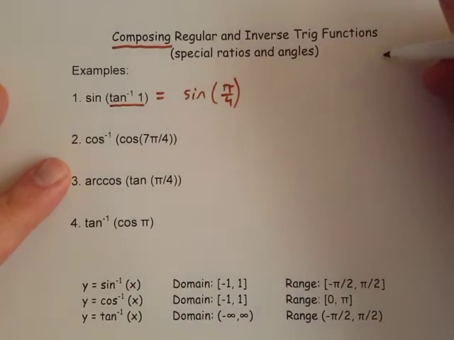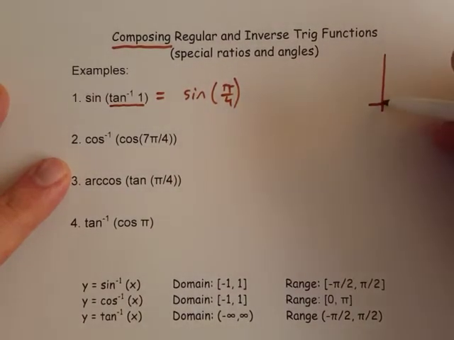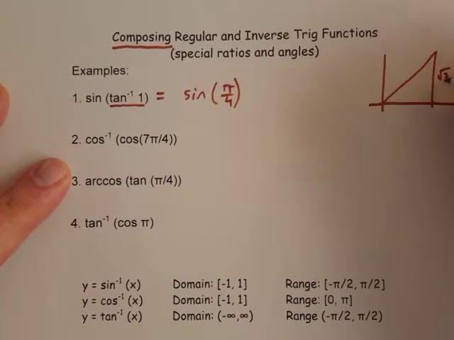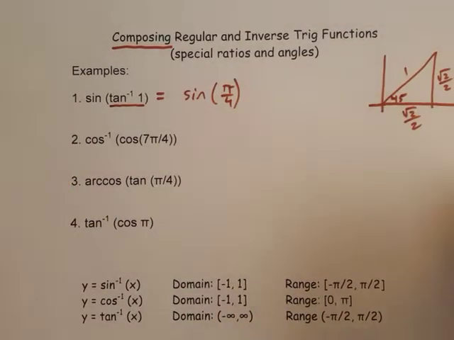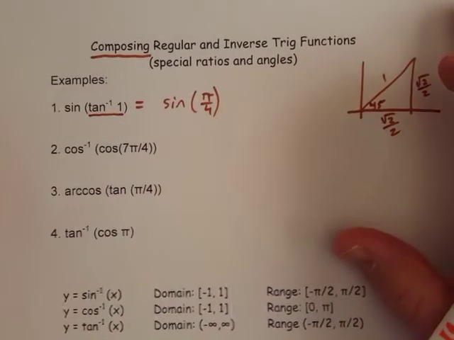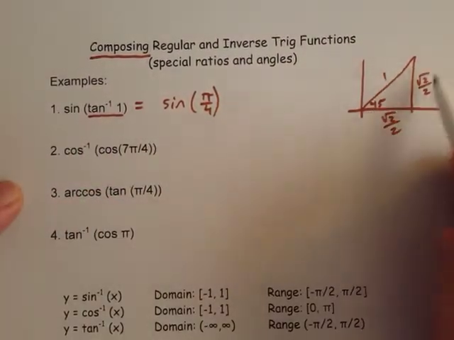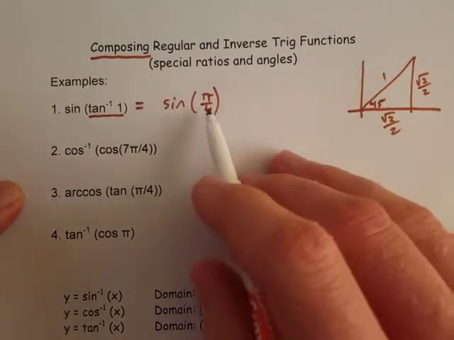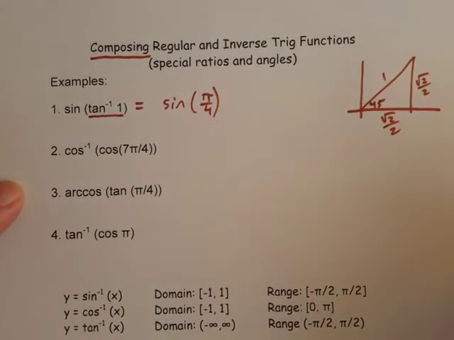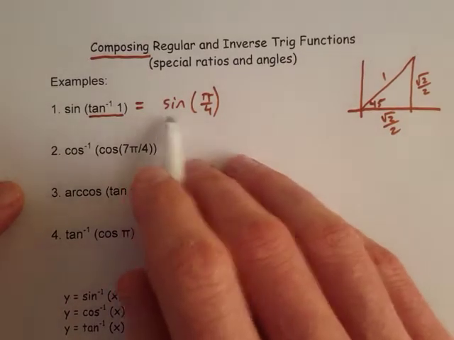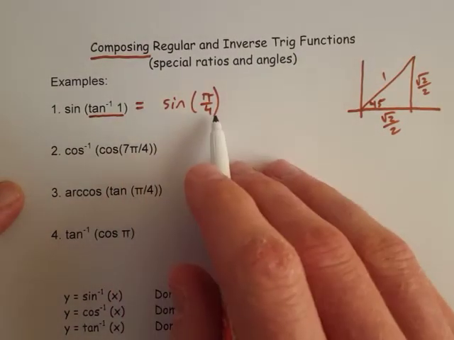Now, this one should have a picture with it, so I'm going to draw the picture over here. It was a 45, 45, 90, so it was square root of 2 over 2 and 1 like that. So it was a 45 triangle. This one came from this picture. It was tangent inverse of 1, set up here in the first quadrant. It was a 45, so that's pi over 4 where that was located. Now we're going to do this as if it's a completely new problem.